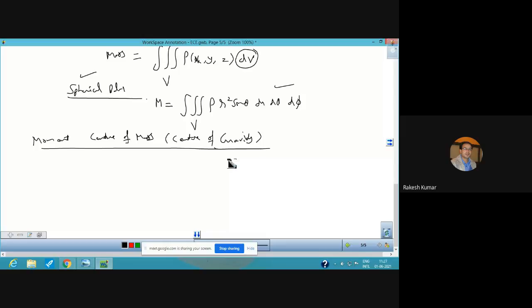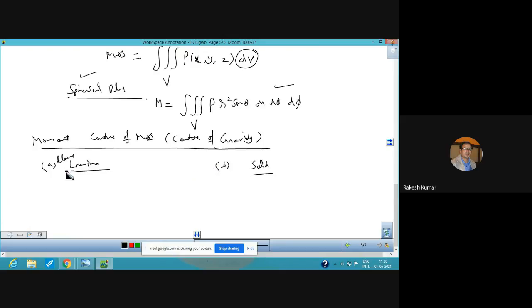Now, here too we will take two cases. The first case is of a lamina and the second case is of a solid. A lamina is a 2D surface and a solid is a 3D body.